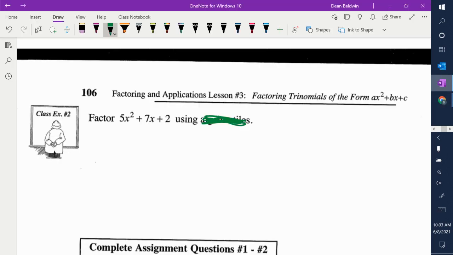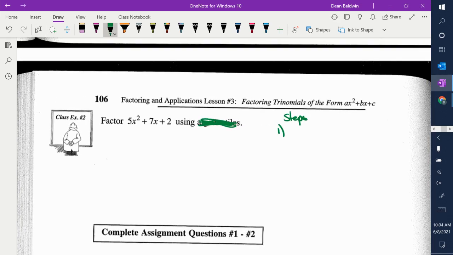So what we do, and again, I will start writing the steps right here. Here's your steps. Step number 1 is multiply first and last term.